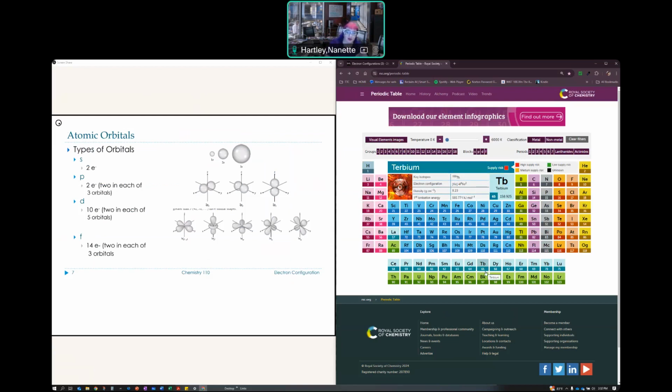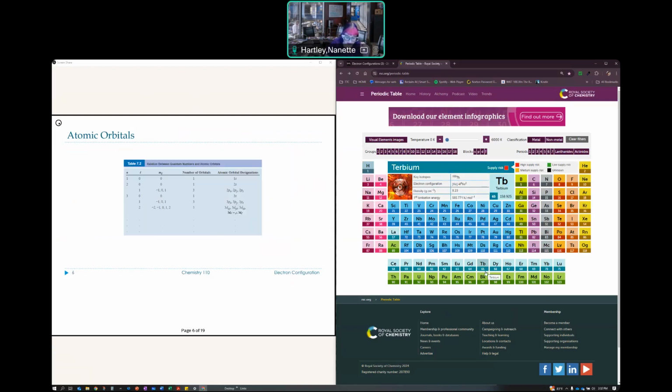Now, I told you I'd tell you why I did it S, P, D, F, right? And that's because as we go through this, row 1 has an S right here. Row 2 has an S and a P. Row 3 has an S and a P and a D. And that's why. So as we continue to go down, we have S, S and P, S, P and D, and then we get S, P, D, and F as we go down.